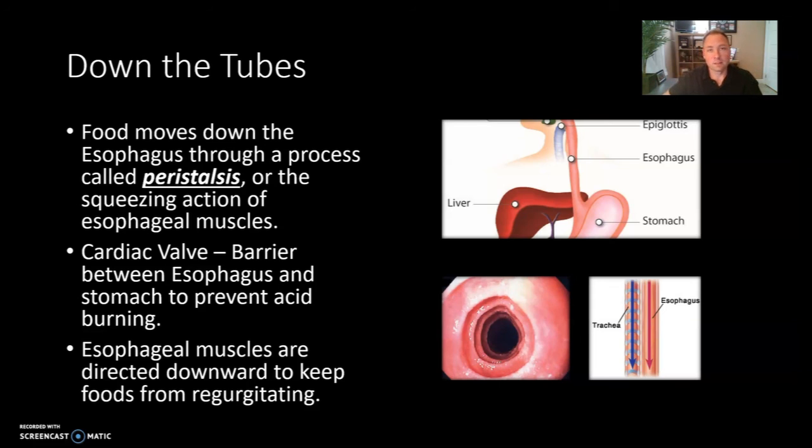It's there to allow food in, but it's also there to prevent acid burning into your esophagus, because stomach acid is so powerful. Now, as you can see in the picture to your right, esophageal muscles are directed downward to keep foods from regurgitating. It helps, especially with gravity.